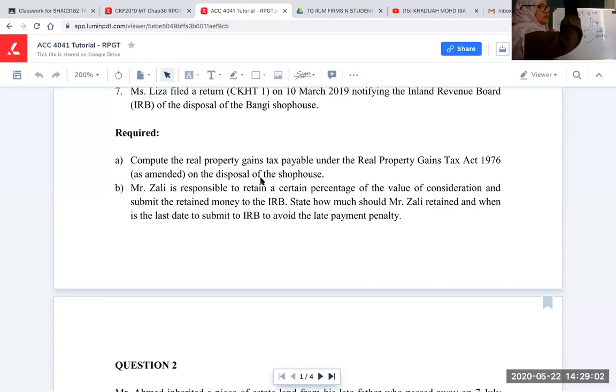So kalau disposal price is 1 million, maknanya 3% is 30,000. So acquirer tak boleh bayar full 100%. Dia kena retain 3% tu, 30,000 tu dia kena bayar pada RB bila dia submit return CKHT 2.